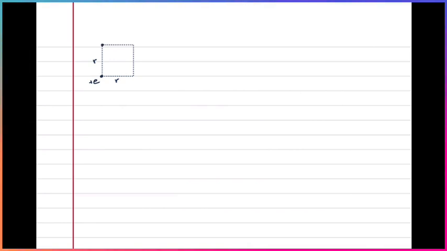Here there's a negative charge, negative e. And then at the top right is another charge of plus e. And I would like to know, what is the electric field at the other corner of this square?